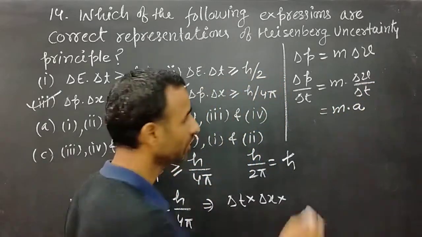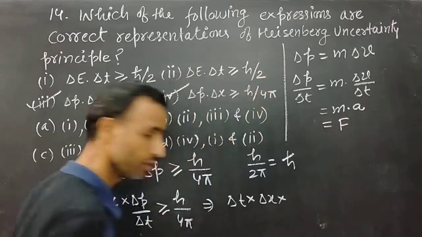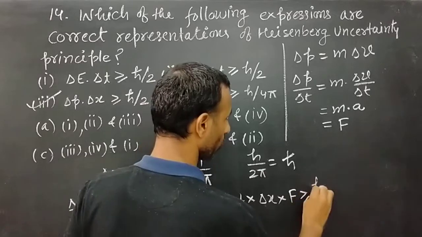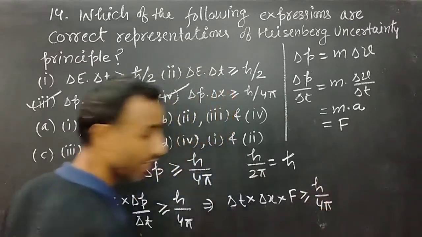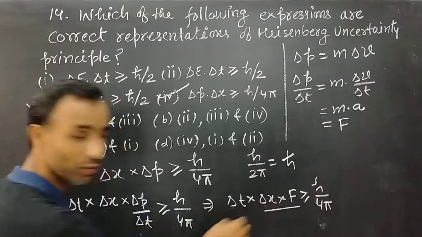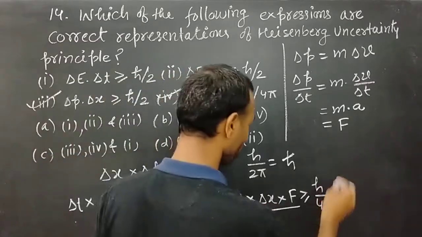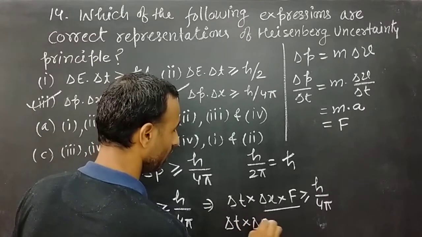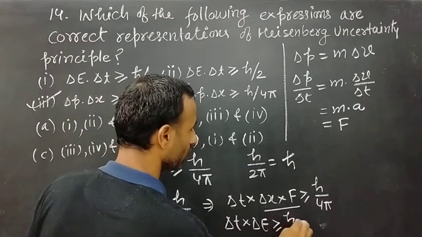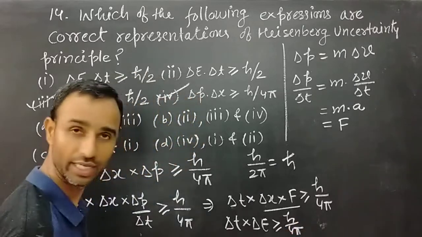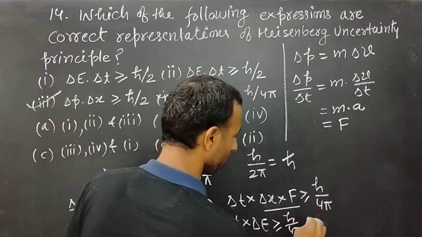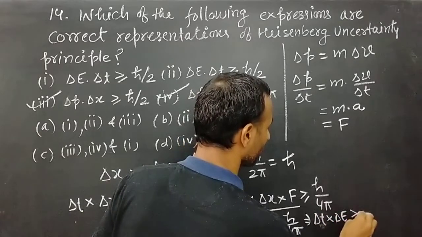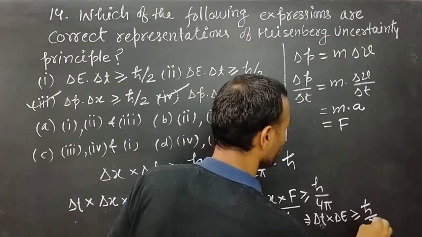A, acceleration. So mass into acceleration is force. So that is delta T into delta x into force greater than or equal to h upon 4 pi. And what is force into displacement? Delta E. So that means delta T into delta E is greater than or equal to h upon 4 pi, or that implies delta T into delta E is greater than or equal to h bar upon 2.